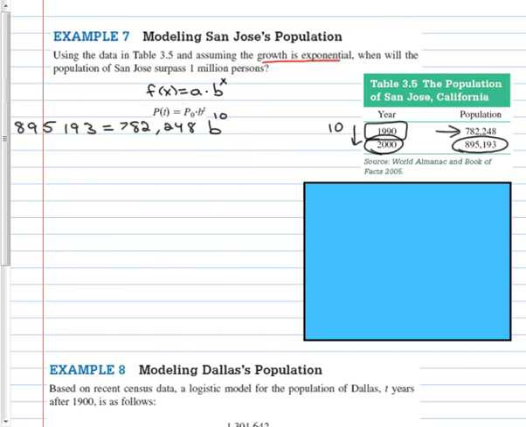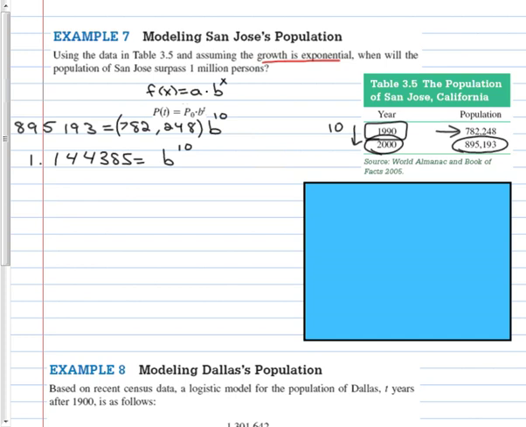So I need to try to solve for the b in this. Well, I need to get rid of this 782,000, so I need to divide by that number. What do you get when you divide by that number, if you would do that on your calculators? And just leave it in there. 1.14385, and so on. Just leave it in there.